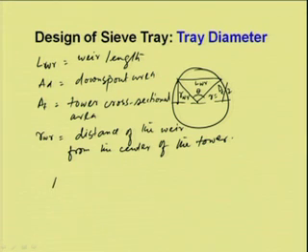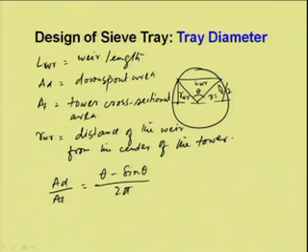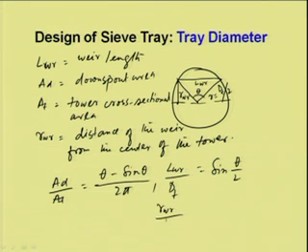Then we can write A_D by A_T is equal to (theta minus sin theta) by 2 pi, and L_WR by D_T, where D_T is the tower diameter, is sin(theta by 2), and R_WR by D_T is equal to half cos(theta by 2).